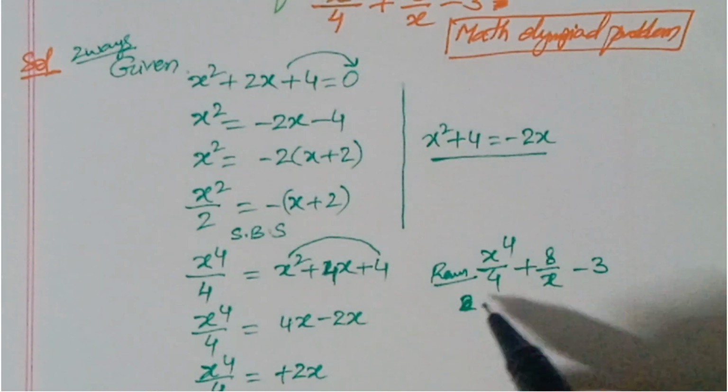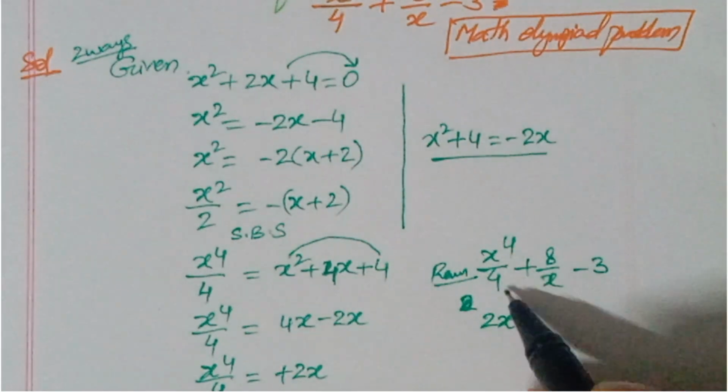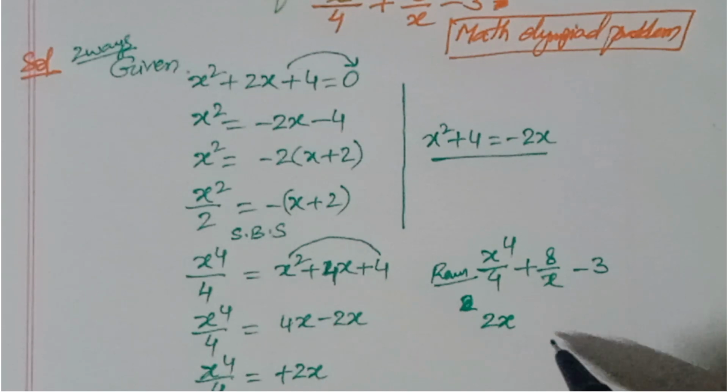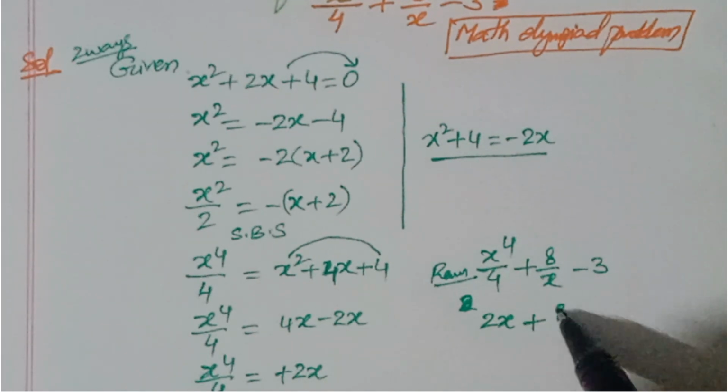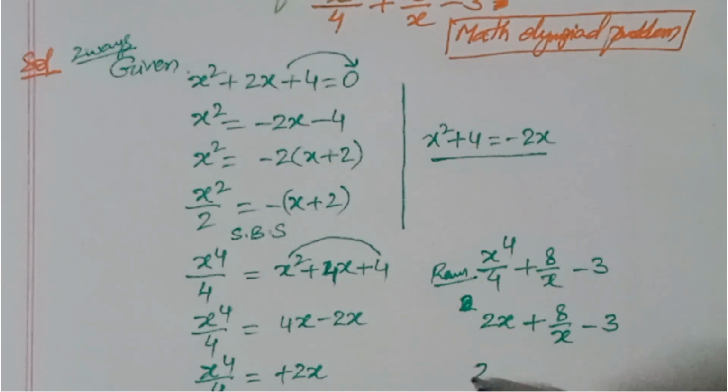So x power 4 by 4 is 2x, plus 8 by x minus 3. Taking 2 common, 2 into x plus 4 by x, minus 3.